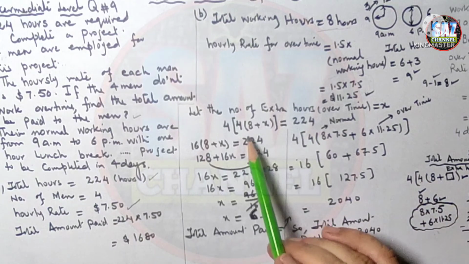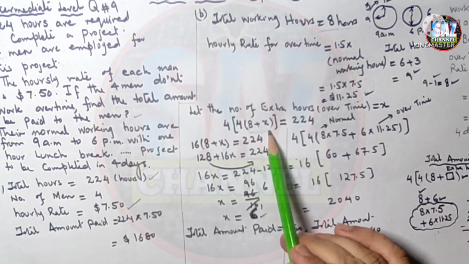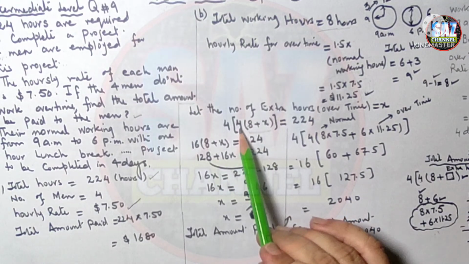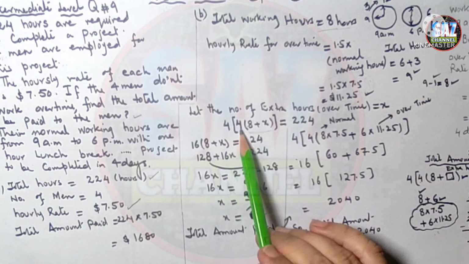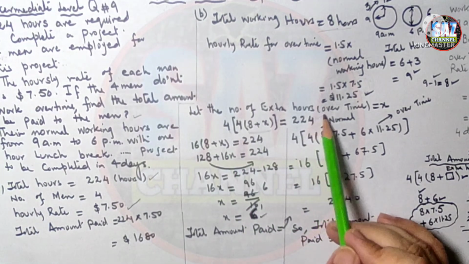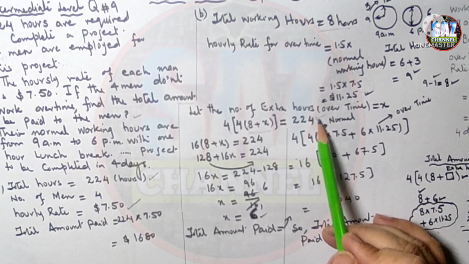Then if we get the expression x plus 8 for the number of hours for one man, then for 4 men we have to multiply that by 4, and we equate that answer to 224, which are the hours given in the beginning.